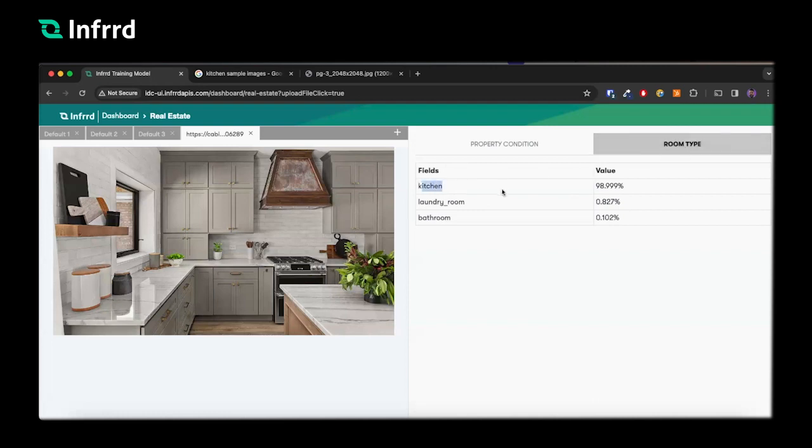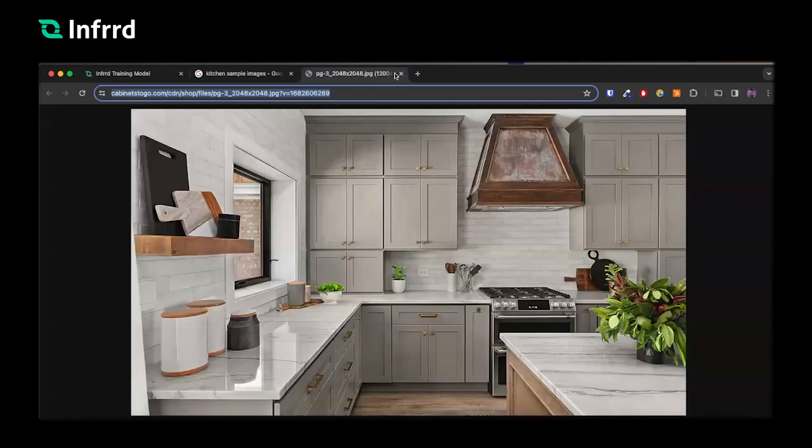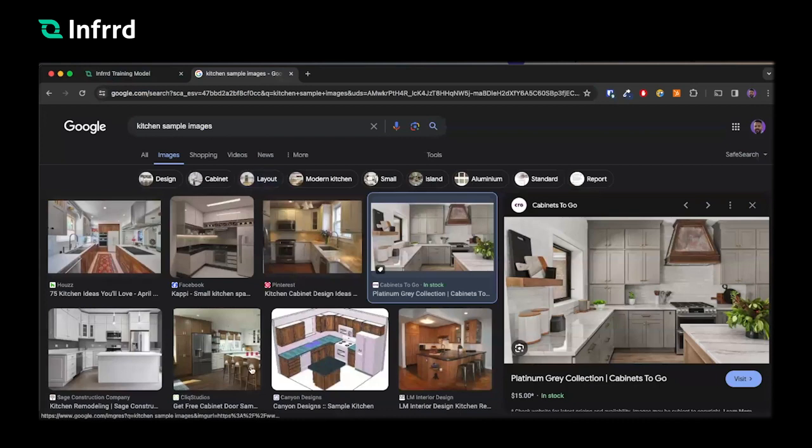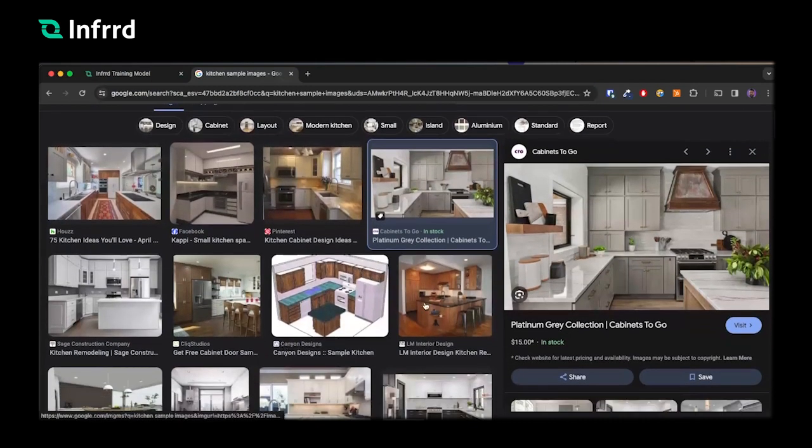And then we tell you that with 98% probability that this is a kitchen. And of course, there is some chance that it could be a laundry room or bathroom, depending on something that it could find. But the highest probability score is for a kitchen. Got it. Okay, let's maybe run a couple more kitchen images.